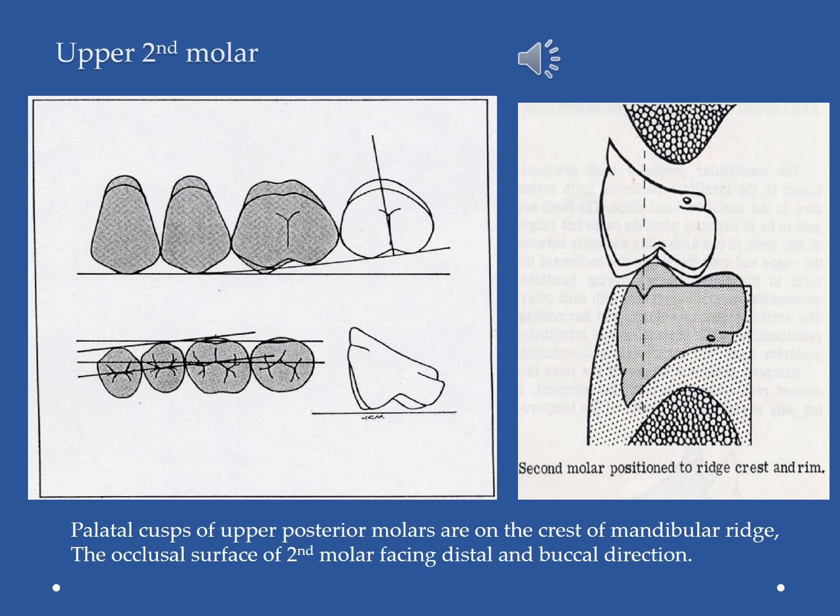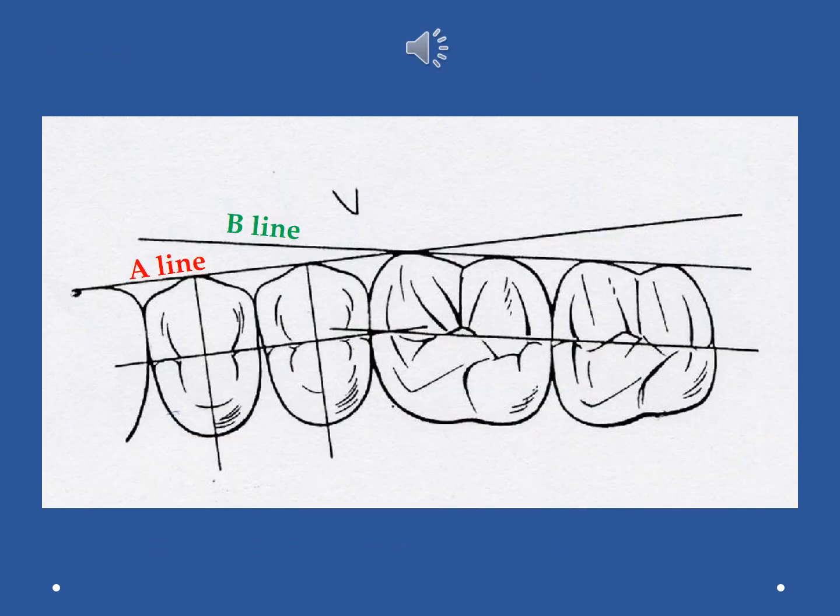The palatal cusps of upper posterior molars are on the crest of the mandibular ridge, and the occlusal surface of the second molar is facing distally and buccally. When we look at the occlusal view of the posterior teeth after setting, there are two lines, the A line and the B line.